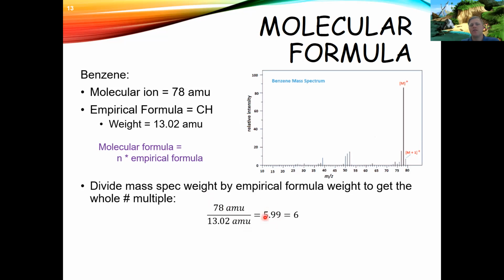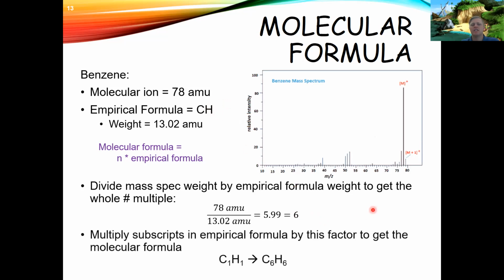And that gives us a value of about 5.99, which is about 6. So now we know that we have to take CH, multiply it by 6, and we get C6H6. And that's all you have to do.